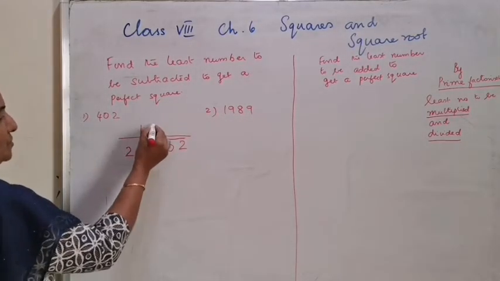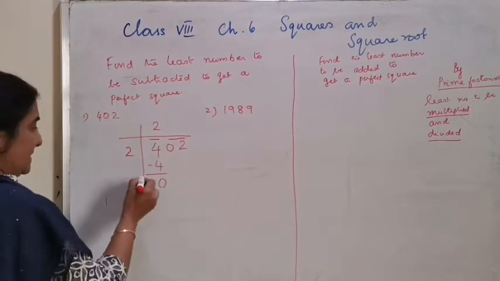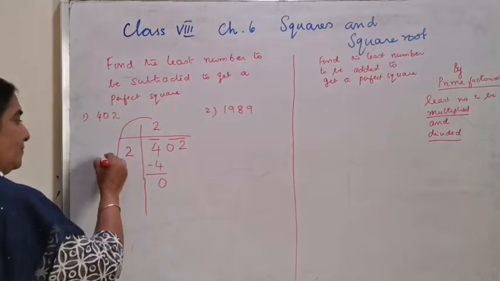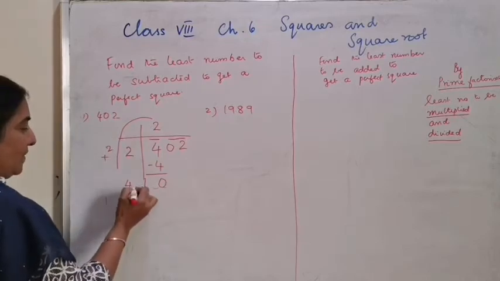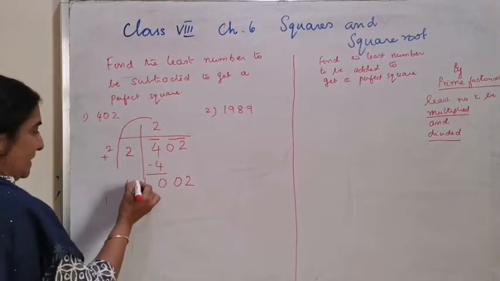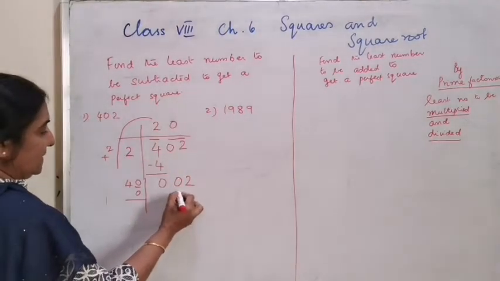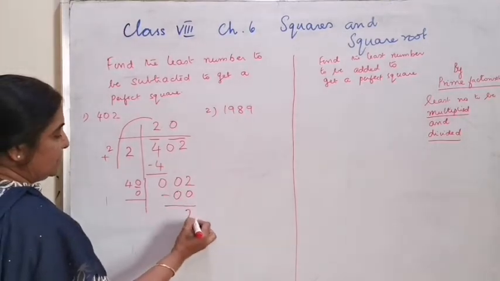Perfect square close to 4 is 2, 2 twos are 4, 0, and double of 2 is 4, and 0, 2, that's, as I told you, it is a 0, 0, 0, and the subtraction answer is 2.